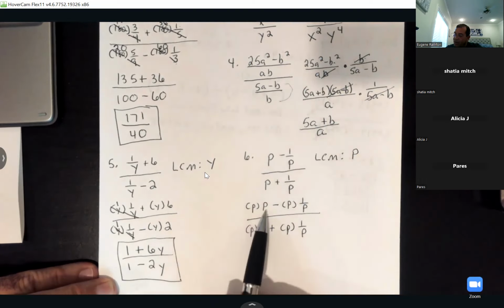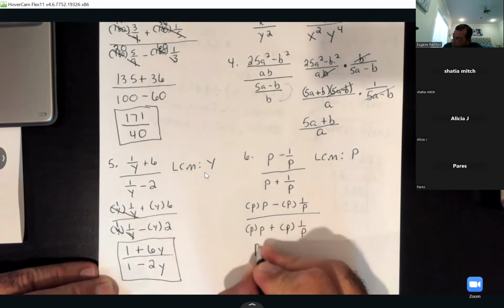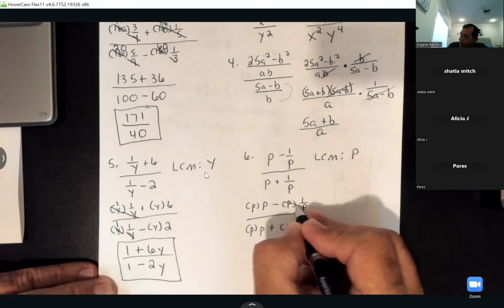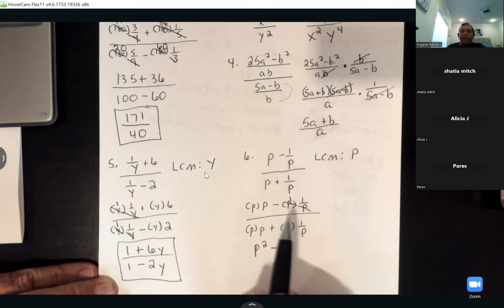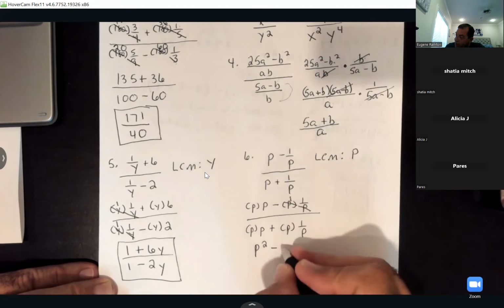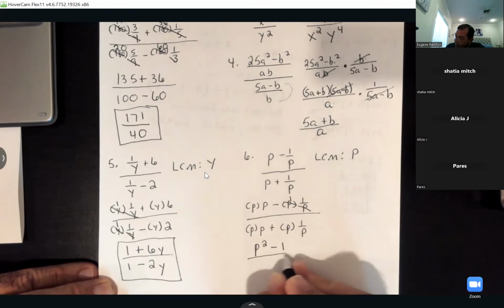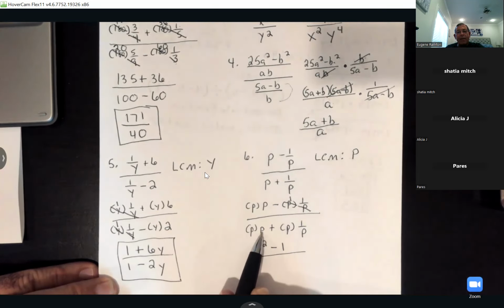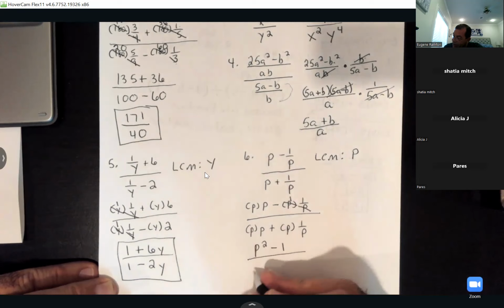All right, so let's see what happens. Nothing cancels here, so P times P is a P squared. Minus, well, y'all look here, the P's cancel, making a 1, and 1 times 1 gives me a 1 on top. Now we work on the bottom. P times P, nothing cancels, so that gives you a P squared.